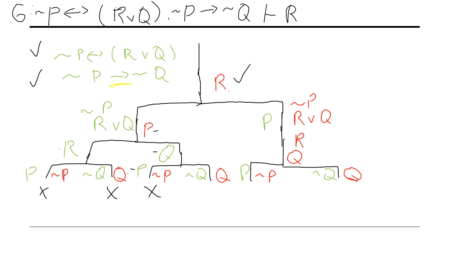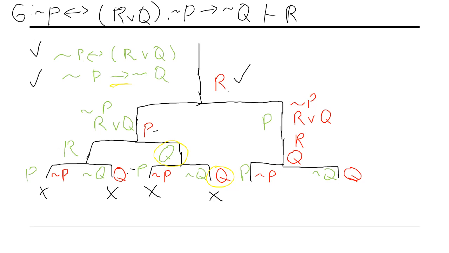Let's go back through. Here we've got a Q on the right and a Q on the left. So that one's going to close that one off. So now let's look at these branches over here on this other side.